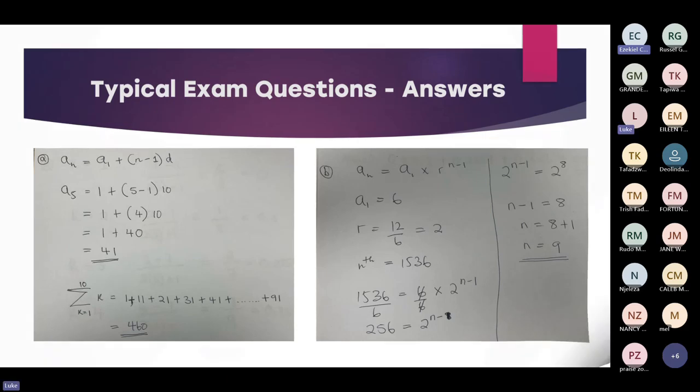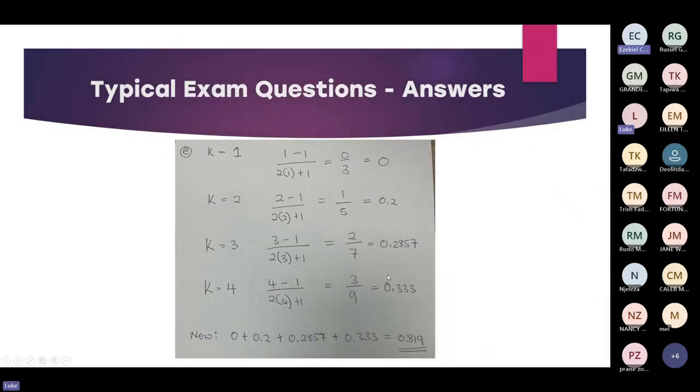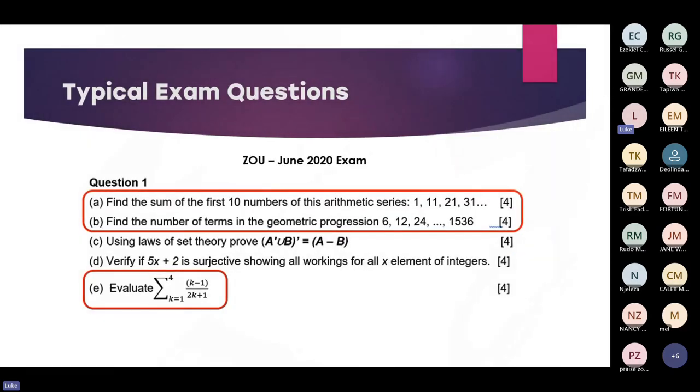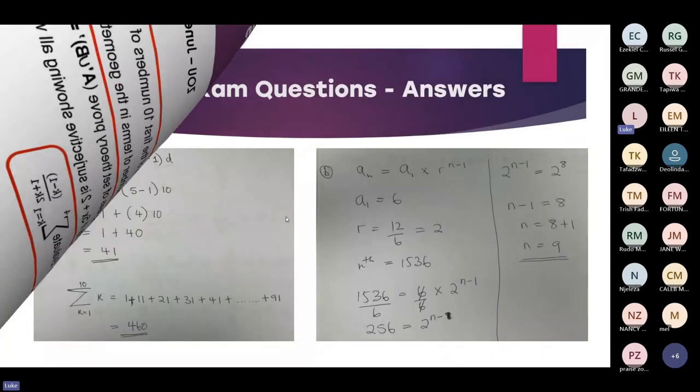You can proceed. Yeah. So on this one, we were just evaluating, given this question, the last one, evaluate the summation of these. So what we have done with this one, we just took the values of K, as we have said that K represents the numbers or the indices of that sequence.